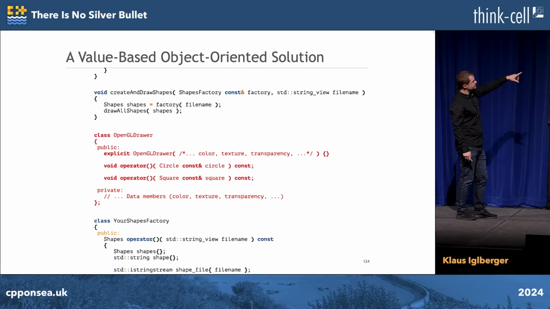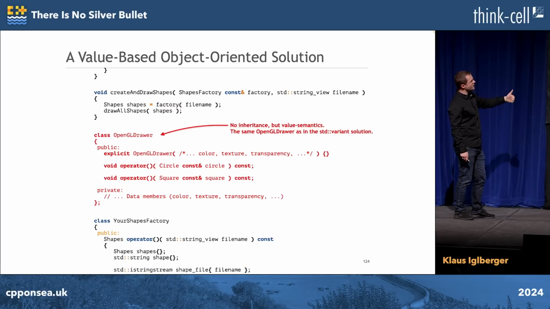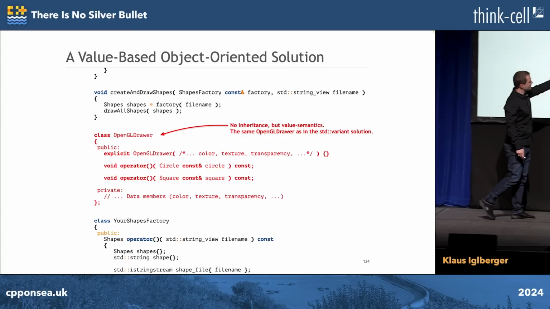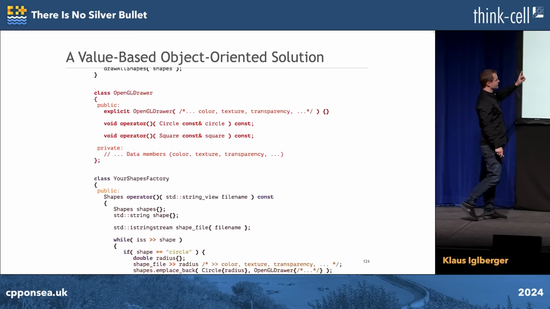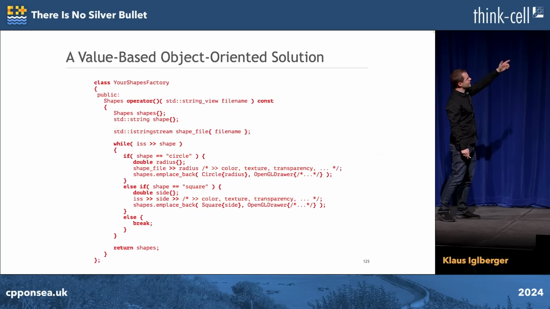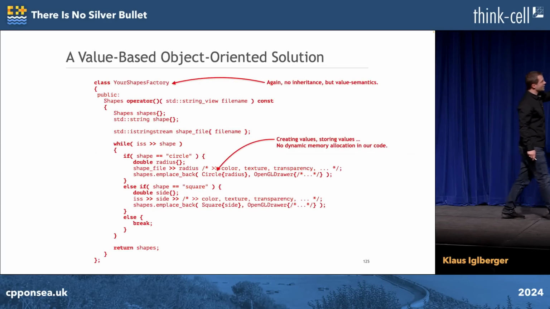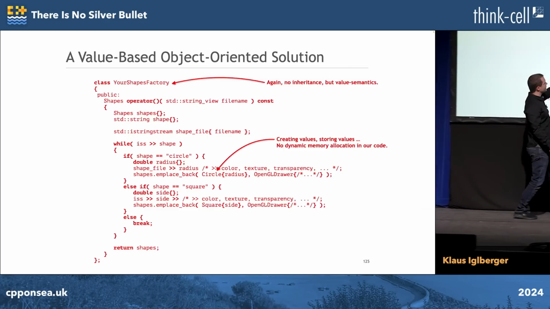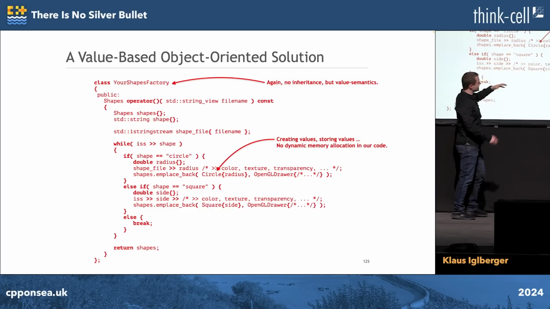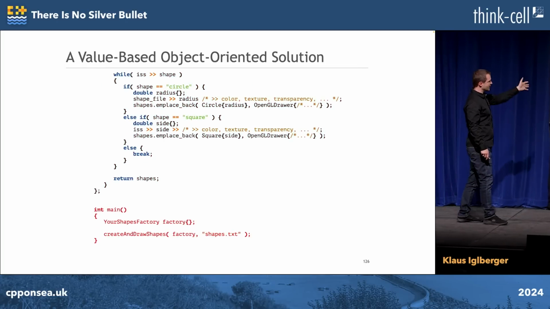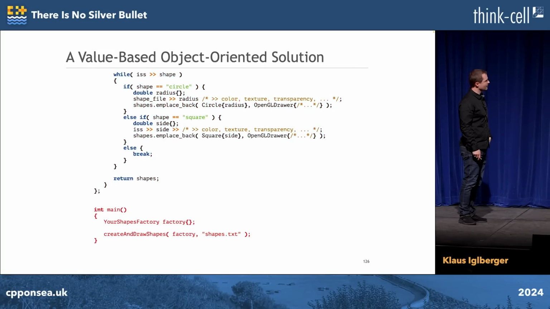OpenGL drawer, again, no base class, but values with call operators that are not virtual. Simple. The shapes factory, again, no inheritance, values. And again, I'm not creating via make_unique, but I create values. Values everywhere. Nice. Okay, and then again, I put everything together.